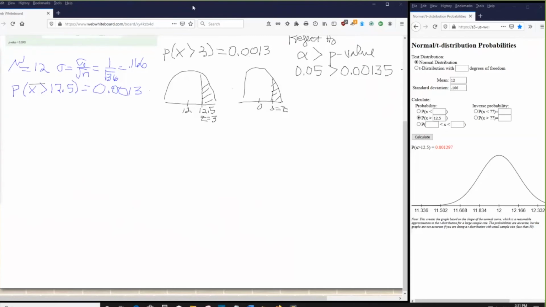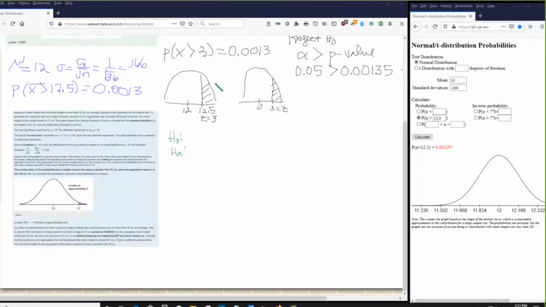So that means our null hypothesis is that the mean is less than or equal to 15 centimeters, and our alternative is that it's greater than 15 centimeters.